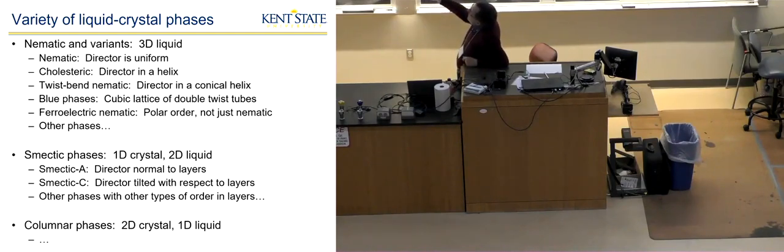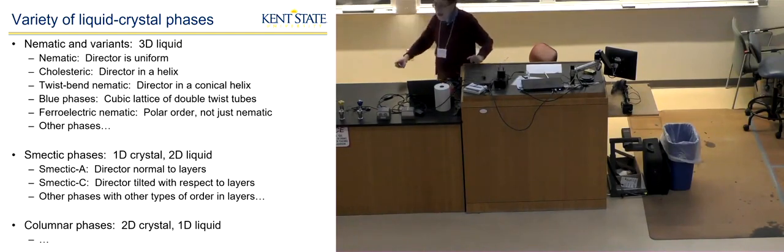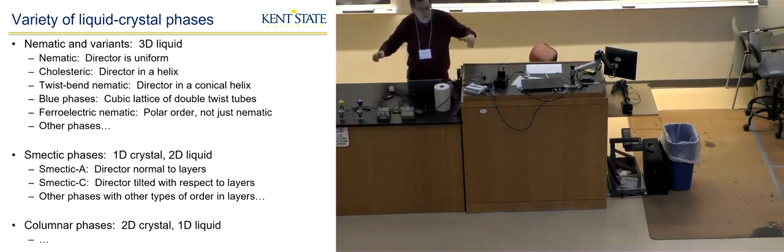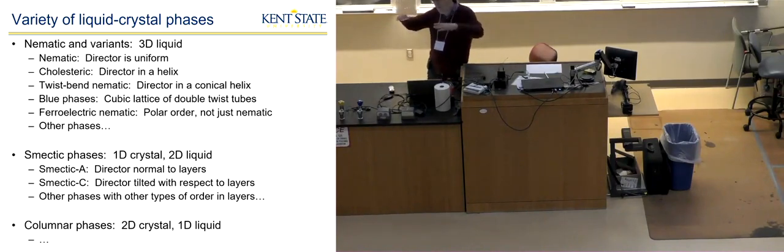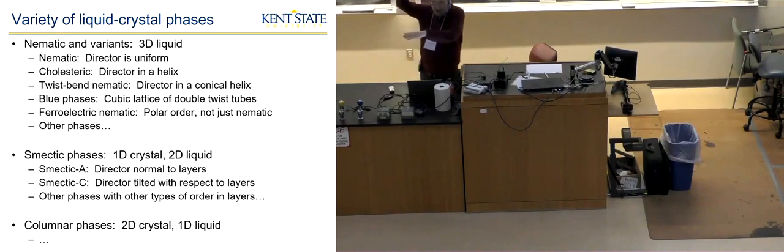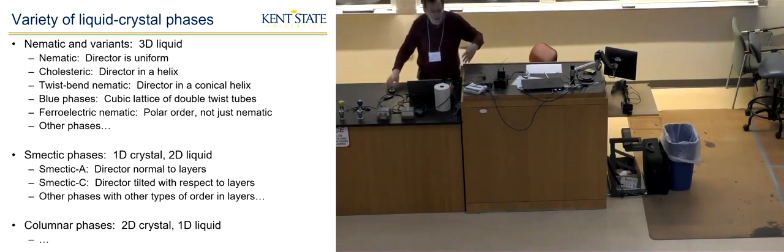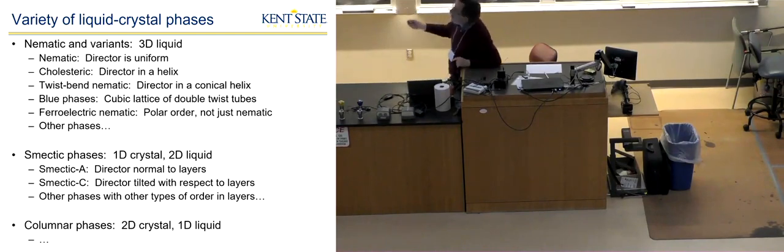So nematic means that the director on average is uniform. It might be distorted away from uniform if you push one way on one part of the cell and another way in another part of the cell. But on average, it tends to be uniform. There are variations on that where the orientation tends to be modulated.